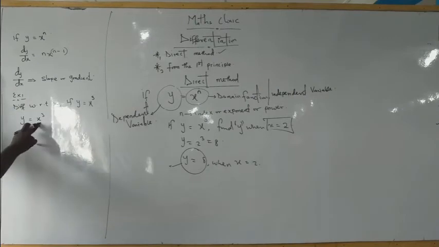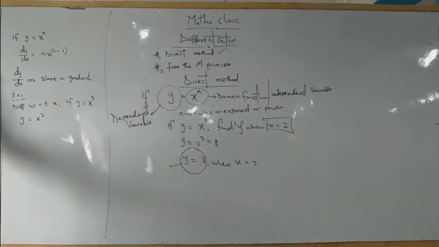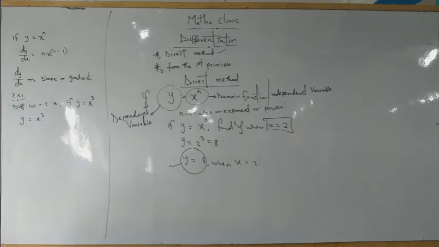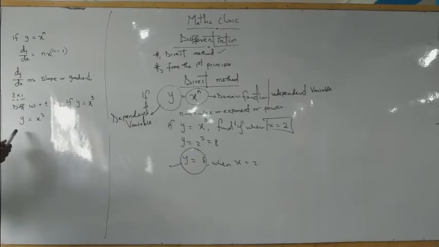Don't forget that x is called the domain function or the independent variable, and y is the dependent variable. So we differentiate the dependent variable with respect to the independent variable, that is, we differentiate y with respect to x.